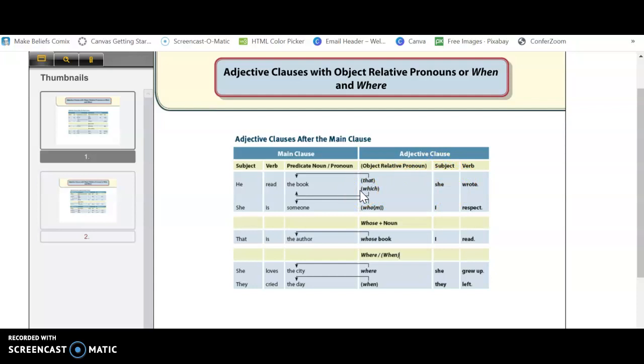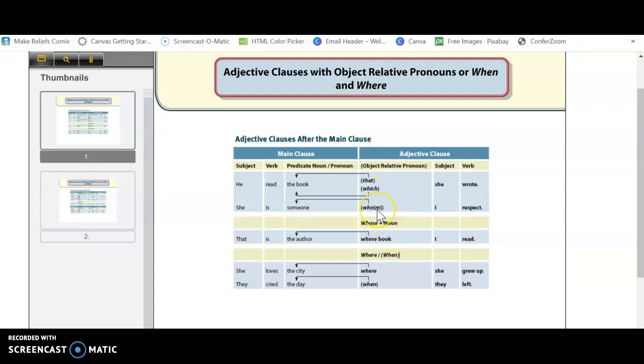If you look at the second sentence, she is someone whom I respect. Again, if I want to divide the sentence into two, I would say she is someone, period. I respect that someone, right? But in this case, we took that someone that we have already here, and we switched it to whom, because again, we need a relative pronoun.